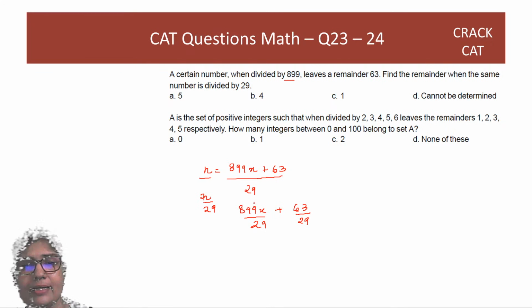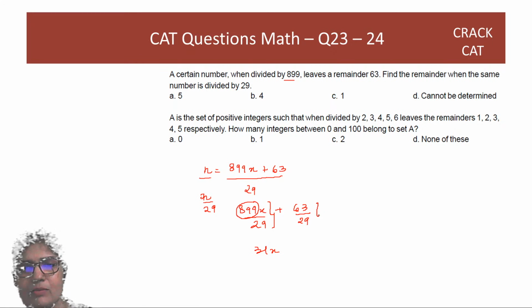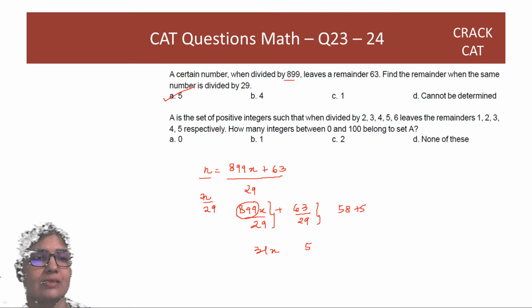Now 899 is anyways a multiple of 29, so this will give me 31. So this doesn't leave any remainder, so the remainder comes here itself, and that remainder is going to be 5, because 63 is 58 plus 5. So answer is option A. Great. Next question.